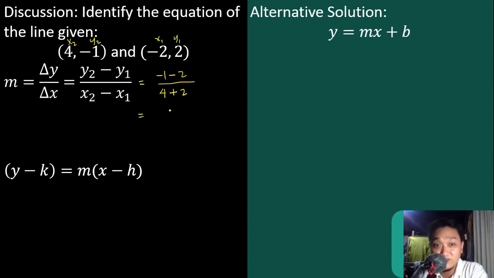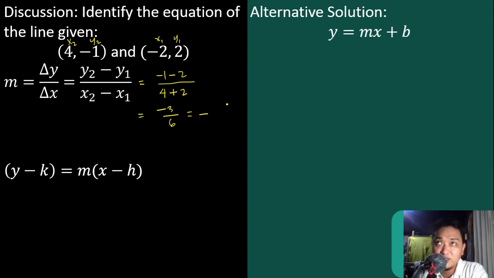And then, let us solve. Negative 1 and negative 2 are both negative. So, we combine and then copy the common sign. That is negative 3 over 4 plus 2 is 6. So, therefore, our slope is negative.